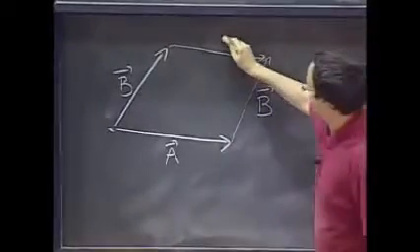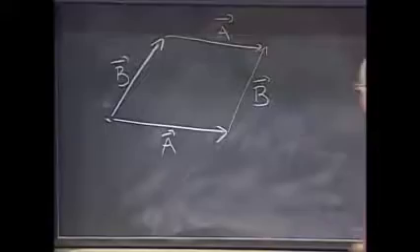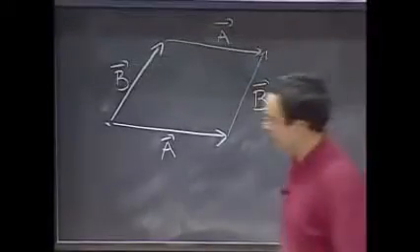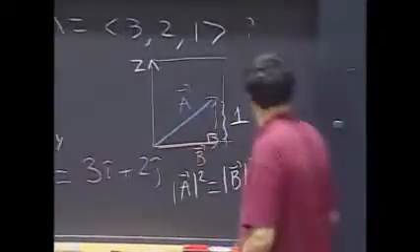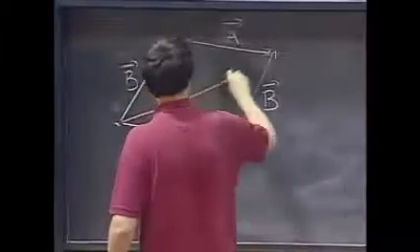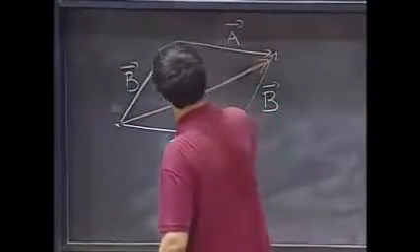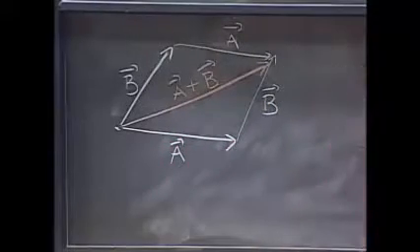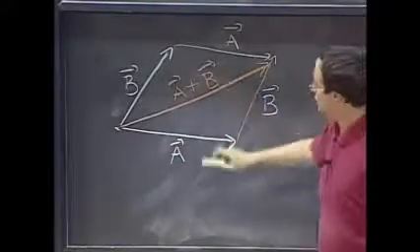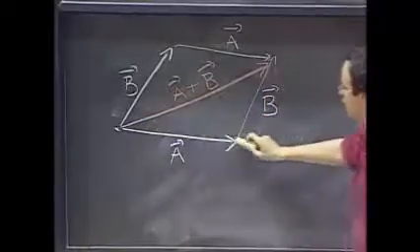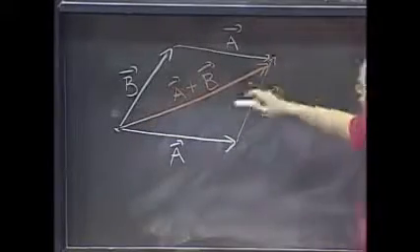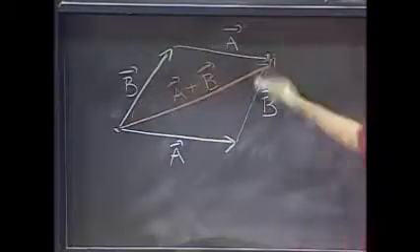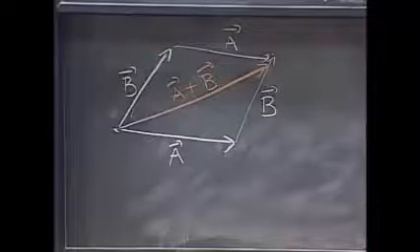So this side is again vector A. And now, if we take the diagonal of that parallelogram, this is what we call A plus B. The idea being that to move along A plus B is the same as to move first along A and then along B, or along B, then along A. A plus B equals B plus A.